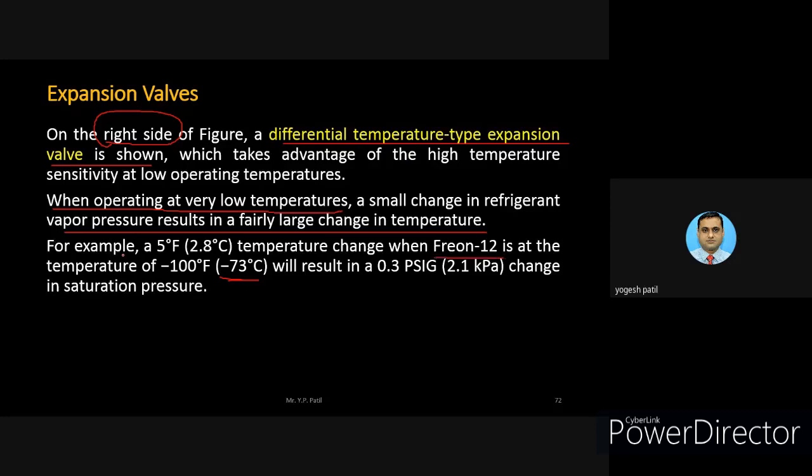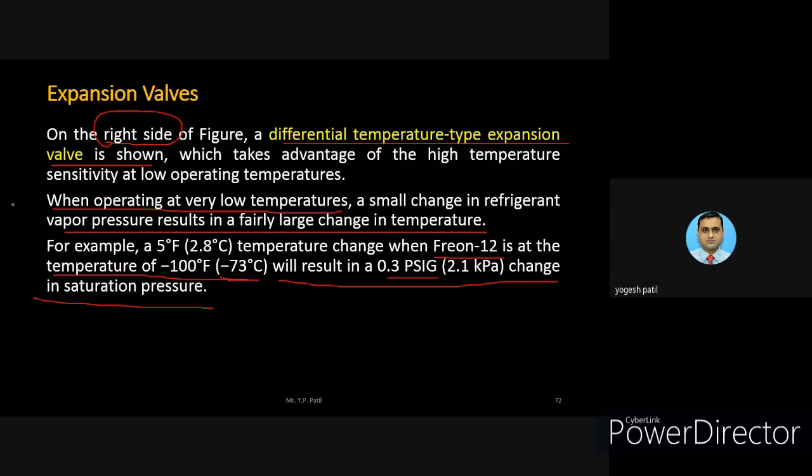For example, a 2.8 degrees Celsius temperature change when Freon 12 is at a temperature of minus 73 degrees Celsius will result in a 0.3 psig change in saturation pressure.